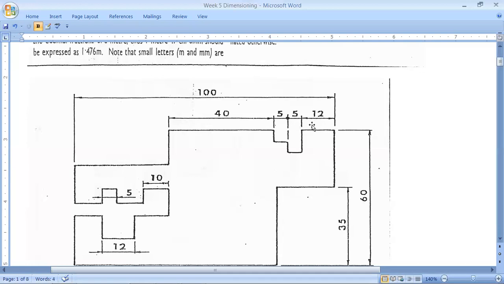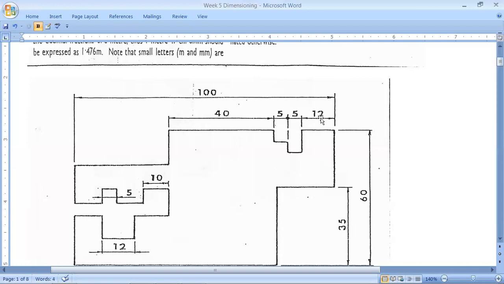If more than one dimension is going to be placed on the same extension line, it's recommended to draw it approximately 24 to 25 millimeter, in order to place the first measurement 10 millimeter far from the drawing, and then the other another 10 from there.